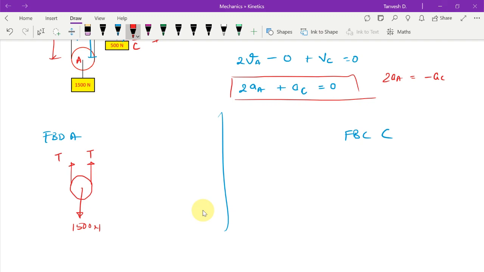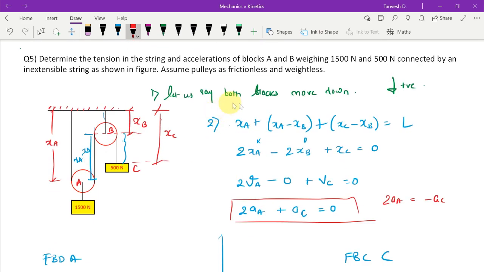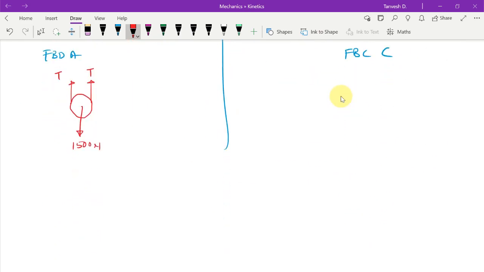Okay, now we will consider, since we have already set, let us say both blocks move down, therefore if the movement is downwards, what will be the inertial force? The inertial force will be upwards. Now this pulley is massless, it does not have any mass, so the only mass here is 1500 newton. 1500 divided by 9.81 into a, and since this is A, this has to be aA, right?